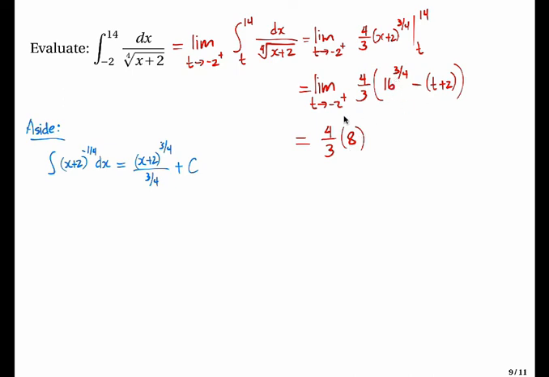And then here, as t goes to -2 from the right, we'll just have -2 plus 2, that's equal to 0. So you can rewrite this as 32 over 3. So this is the final answer, and therefore we say that we have a convergent improper integral.